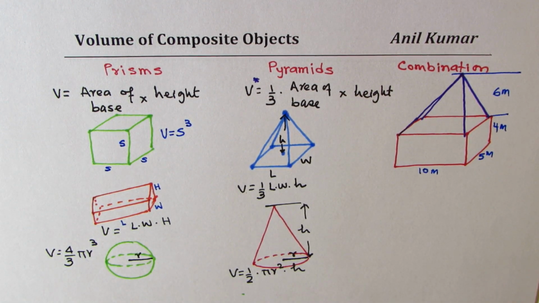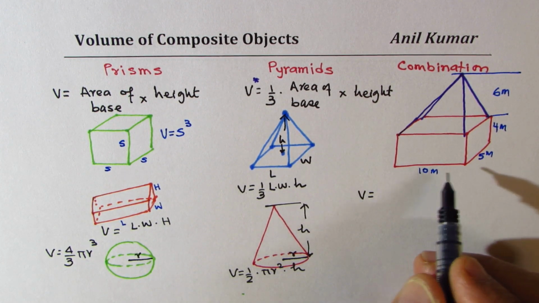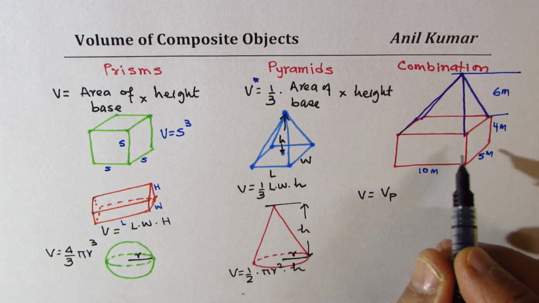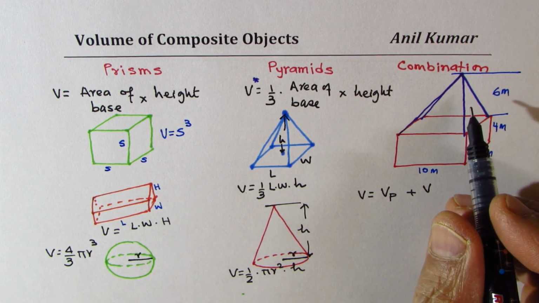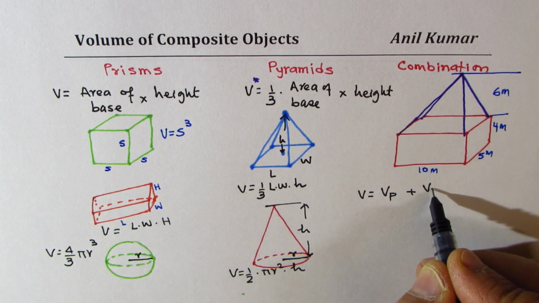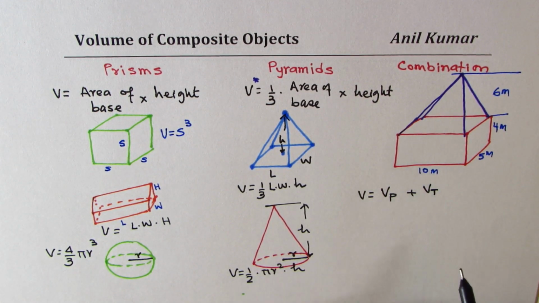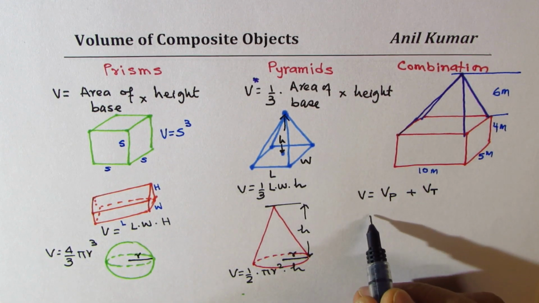In that case, the total volume will be equal to volume of the prism plus volume of the pyramid with rectangular base. Okay, so these two volumes.